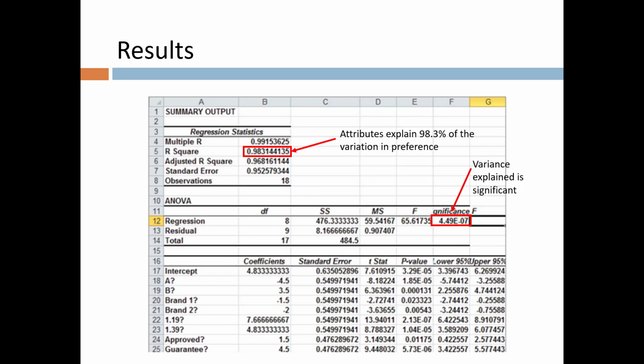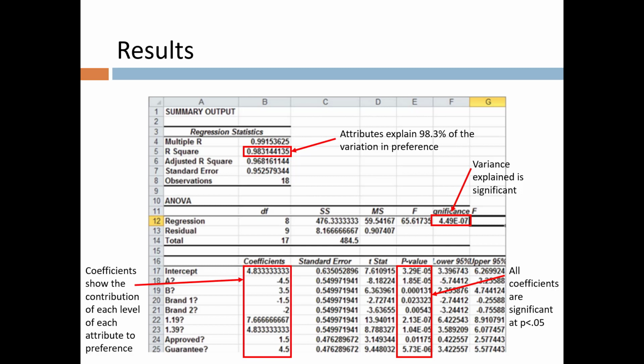Here the significance level is well below our cutoff of alpha of 0.05, so the R-squared is indeed significant. The p-values for the coefficients, which are all less than 0.05, indicating that the coefficients are significantly different from 0. And finally, the coefficients, which show the contribution of the attributes to preference.